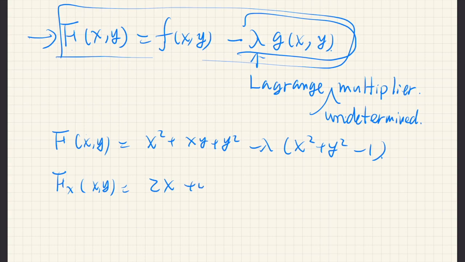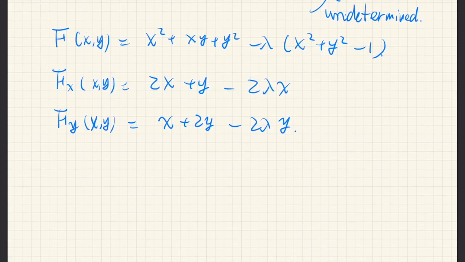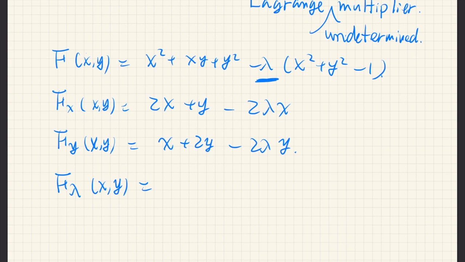Then we have 2x plus y minus 2 lambda x, and differentiate it with respect to y, and we have x plus 2y minus 2 lambda y, and we also differentiate with respect to lambda. So lambda is only here, so we have negative (x squared plus y squared minus 1).